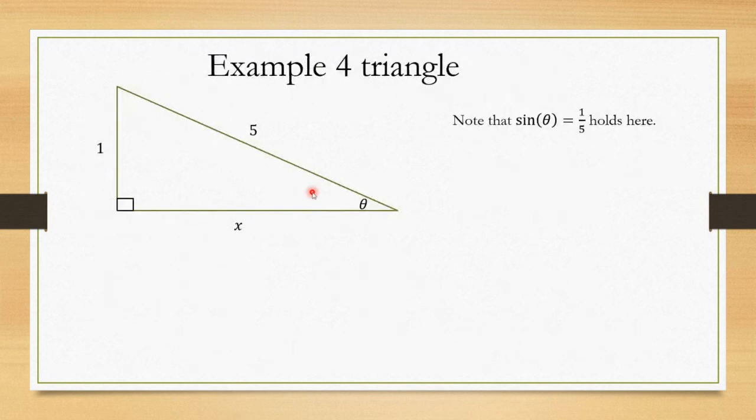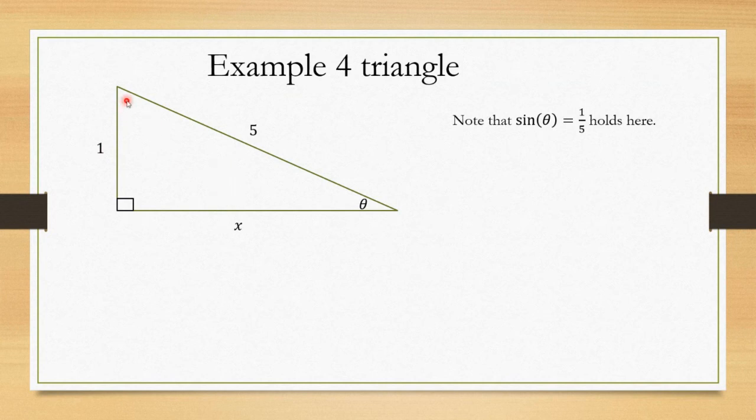This came up in the other class. Someone asked, could I have put theta up here instead? You could do that if you want. Theta could be up here. The only thing is, though, is that 1 and x would have to interchange here. Because remember, when we say opposite and adjacent, it's always relative to the angle.